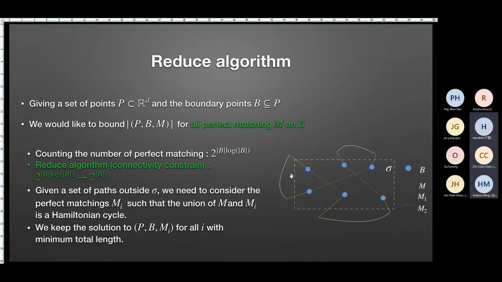We could take this figure as an illustration. That's giving a set of paths outside sigma. We would like to... so it's not so clear. I think that it's because there is some deformation in the output of the PDF file.